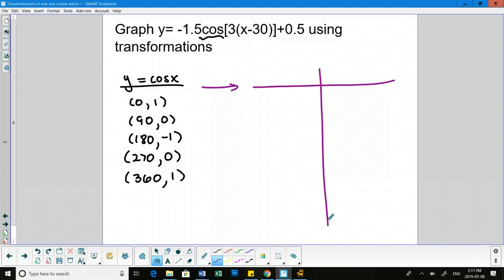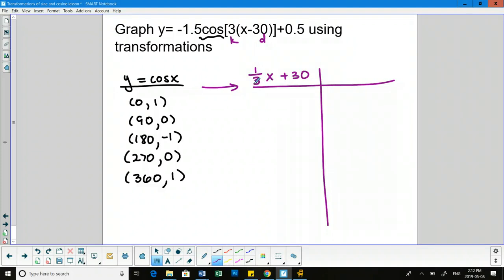Someone want to help us out with the x side for this one? Ivana? 1/3 x plus 3. Great. So reciprocal of k and switch the sign of d. Very good. I can say 1/3 x, or I can say x over 3, same thing.